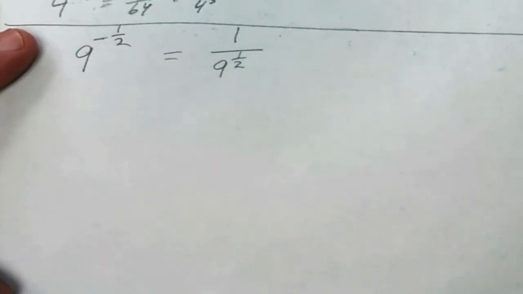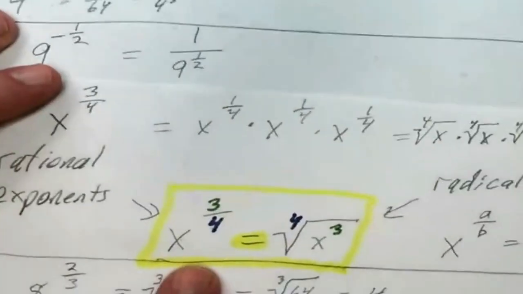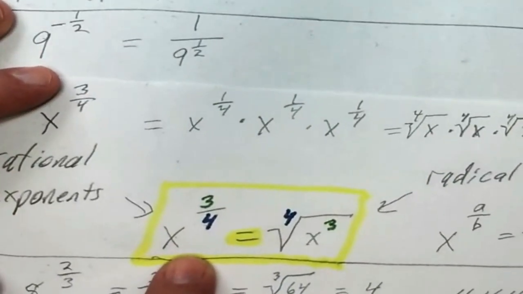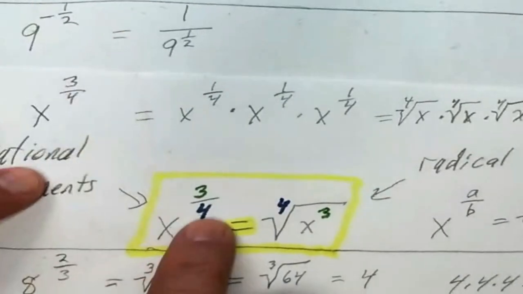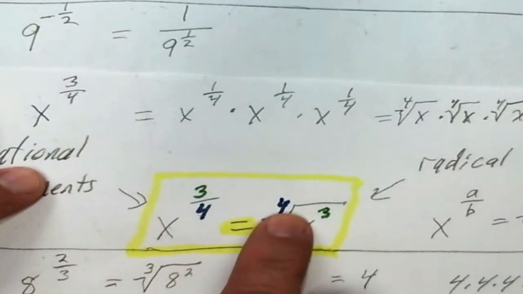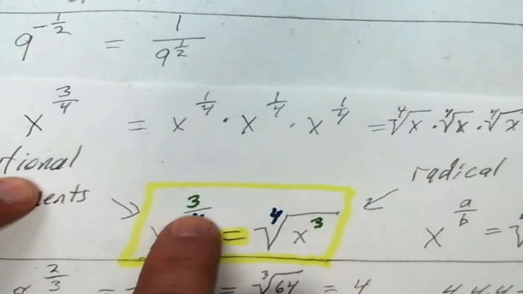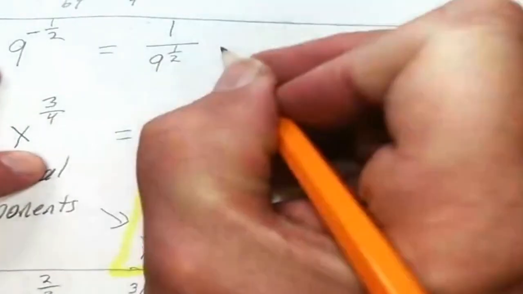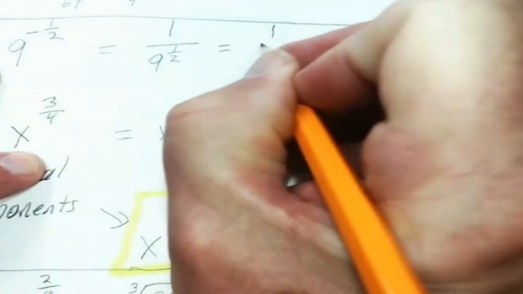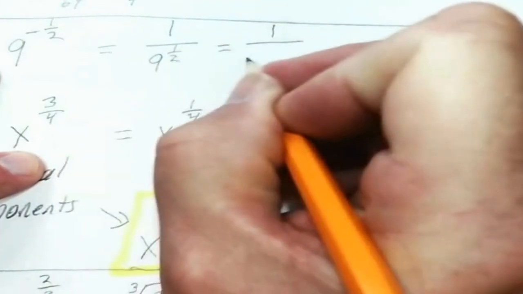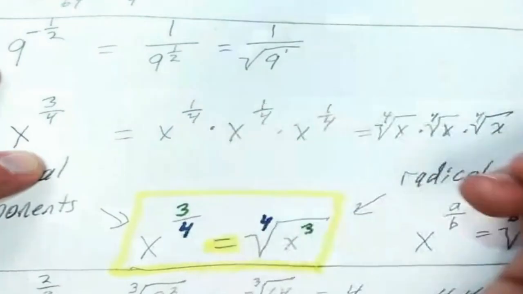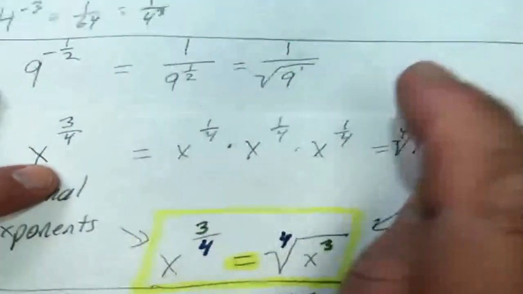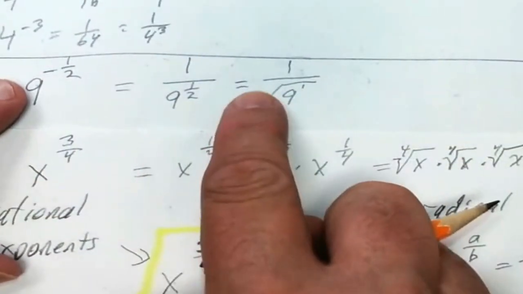Then we know that we can convert that 9 to the 1/2 power. So the 2 is outside. So this is just a square root. So 9 to the 1/2 power is just the square root of 9.